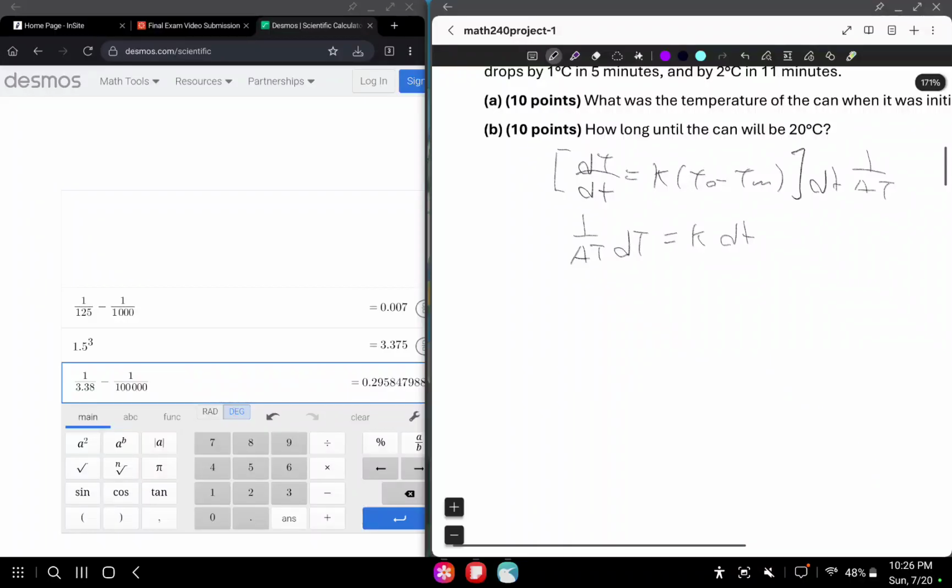This will be now the integral of both sides.